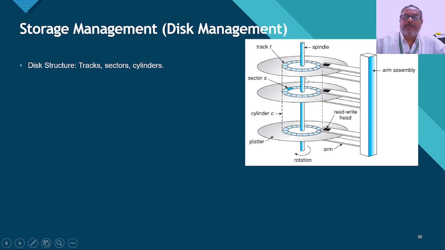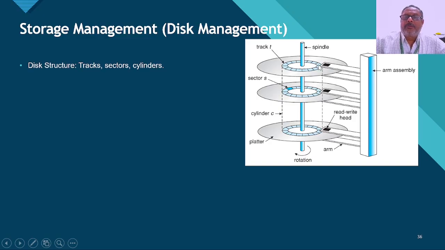When it is rotated, a different sector comes near the read-write head, and the reading and writing can be done in a magnetic or optical way. That's the whole concept of the disk arrangement. It is made up of tracks, sectors, cylinders, and so on.